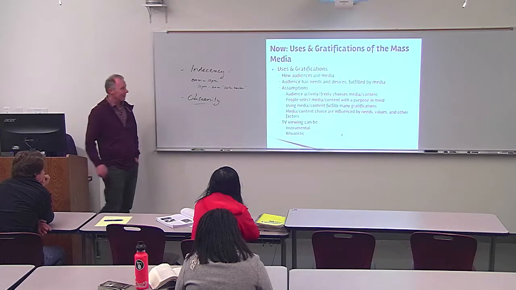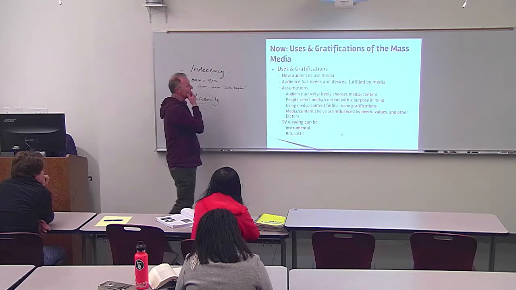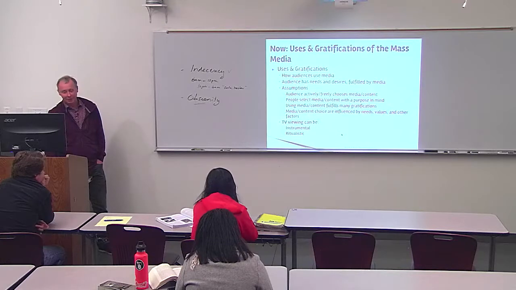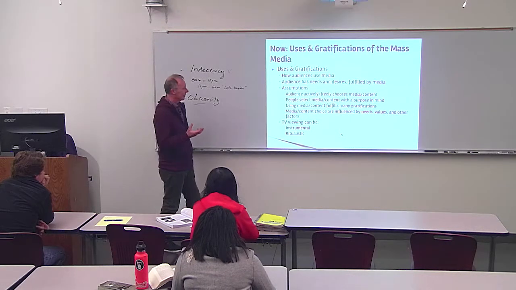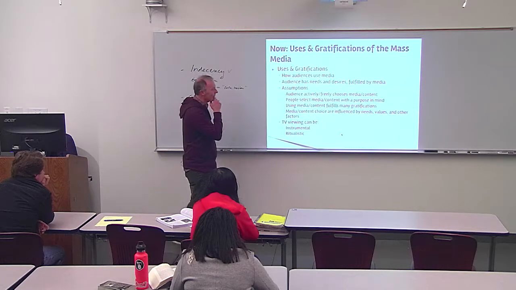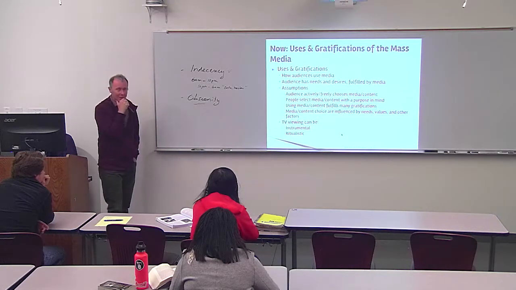So this is a really different type of assumption about a viewer than we get with the magic bullet, which is like you're going to be a victim. You're not going to be able to avoid this persuasion. Versus in this, it's the complete opposite. You're in control and you're using media for what you want.